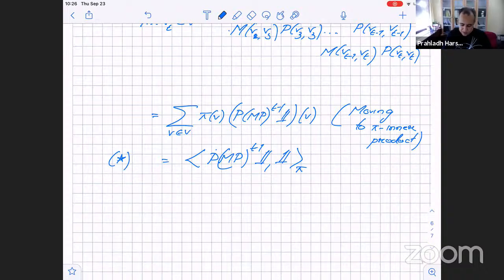Okay. Now, once we have that, I want to apply Cauchy-Schwarz on this. But before I apply Cauchy-Schwarz, notice this quantity, is it supported on all the n vertices, or only on vertices which have support in B?